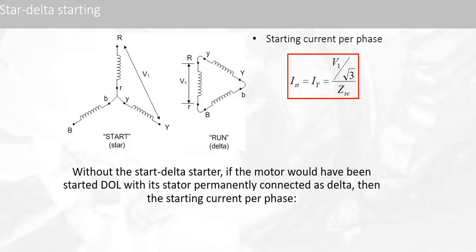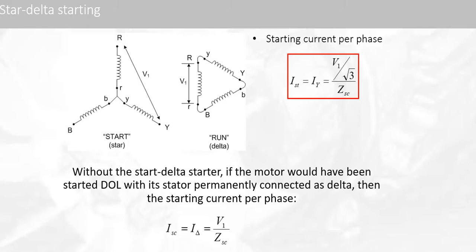Okay, so without the star delta starter, if the motor would have been started DOL with its stator permanently connected as delta, that means we should not convert the winding connections to star. It is kept as delta as long as possible. So at that time by starting the motor, the per-phase current is given by just V1 divided by ZSC.